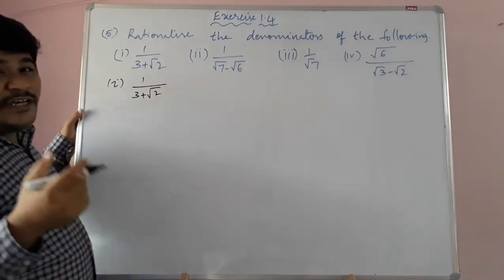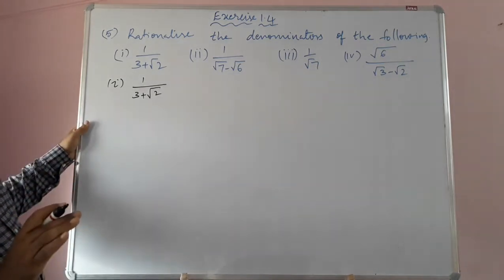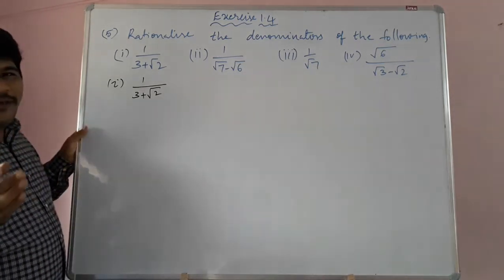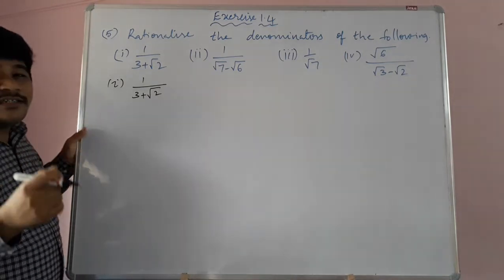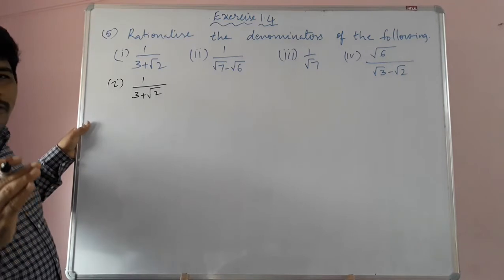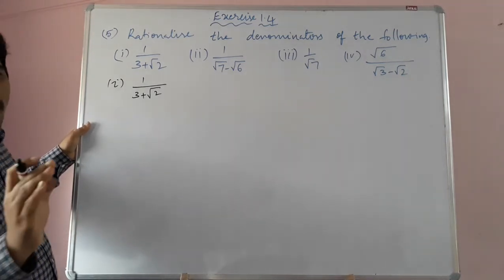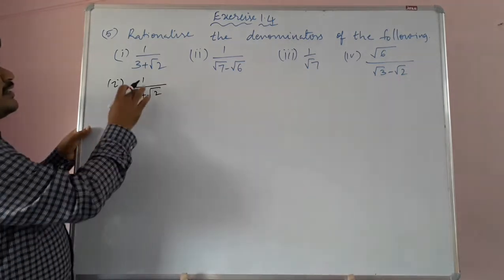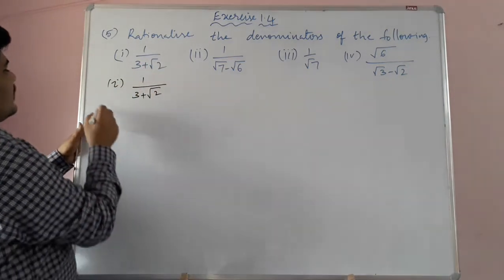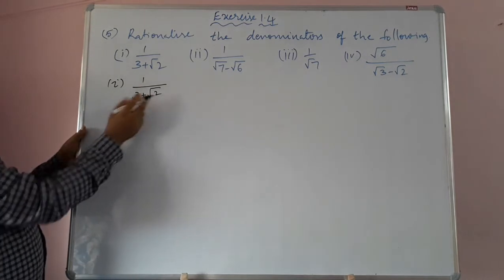So students, we have discussed rationalizing factors in the previous class. If a plus root b is there, then its rationalizing factor is a minus root b. If root a plus root b is there, the rationalizing factor is root a minus root b. So here 3 plus root 2 is there. So we need to take the rationalizing factor of the denominator.